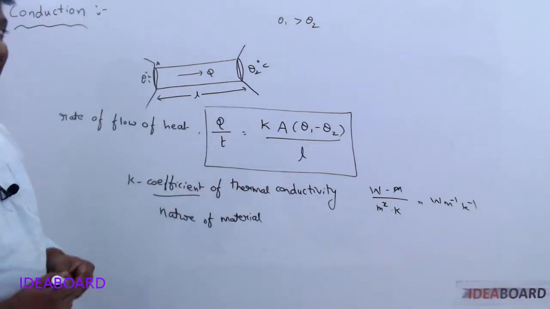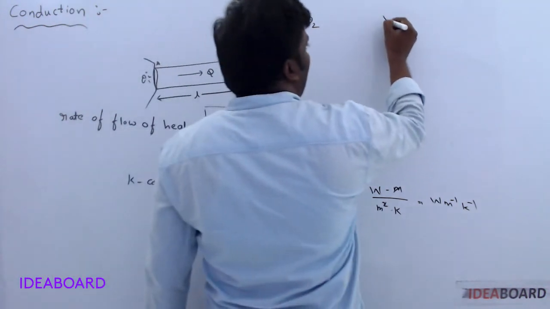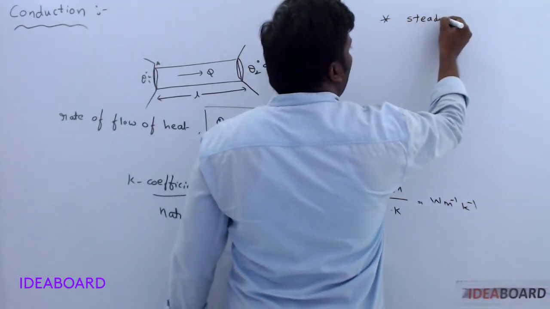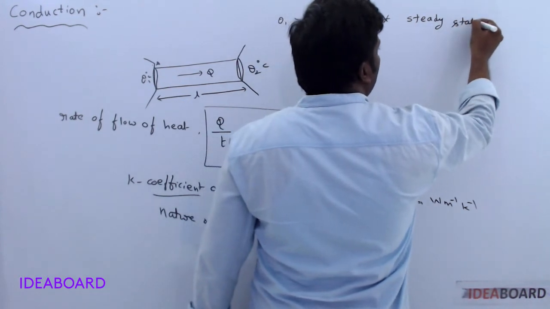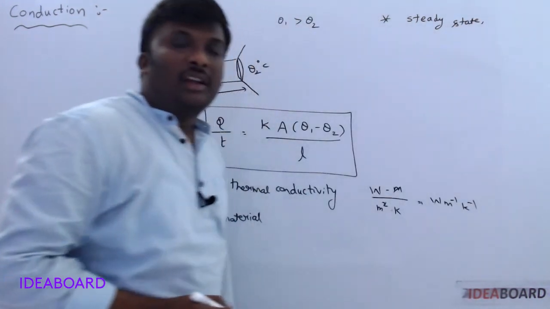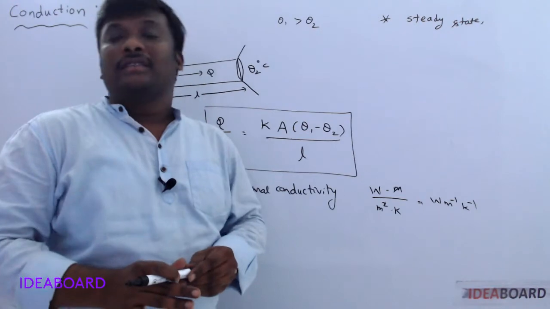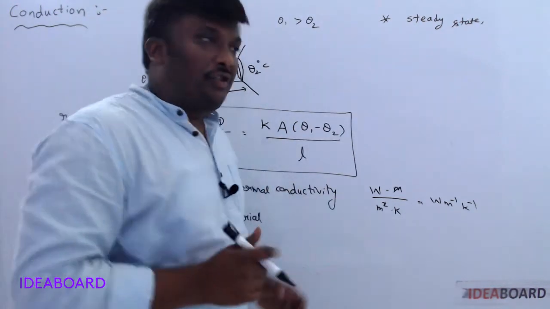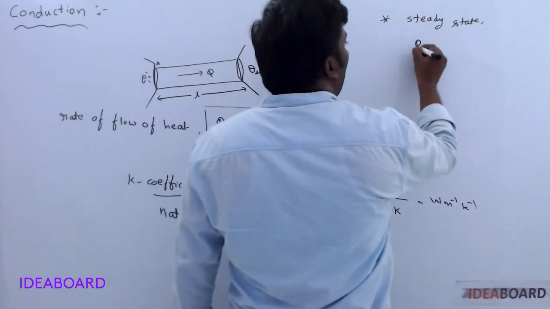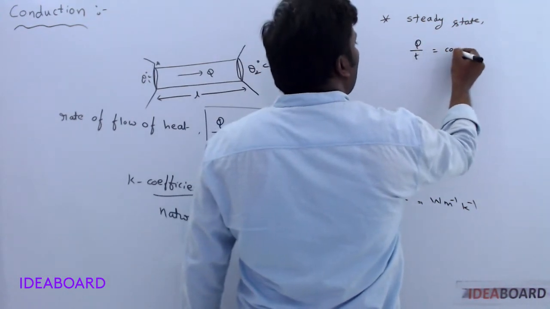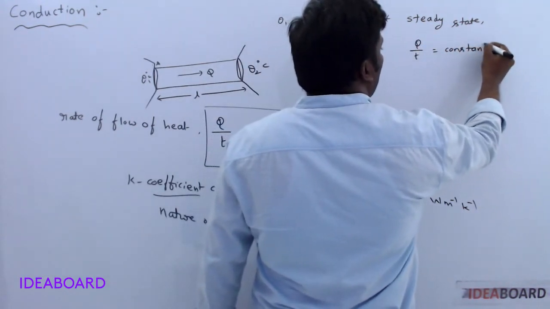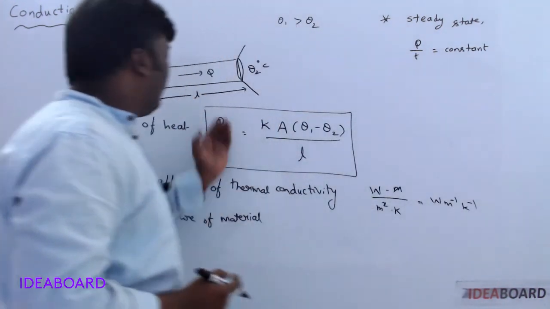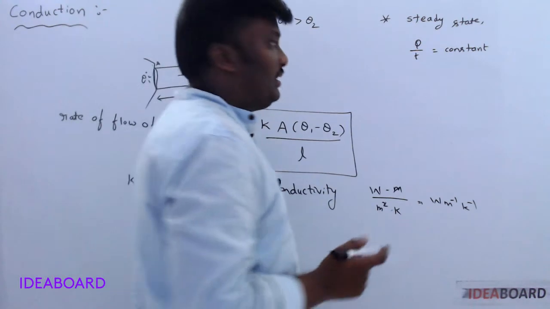Now, in conduction we are always going through a word called steady state. Initially any body is not in the steady state. After reaching steady state, Q by t always remains constant. So anywhere in a question they say steady state, immediately you can take the Q by t value as constant.